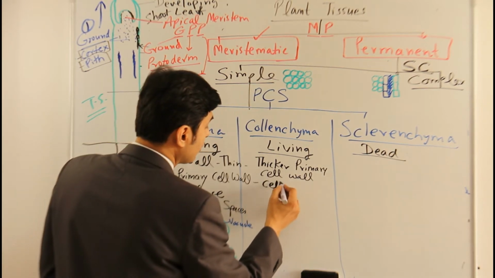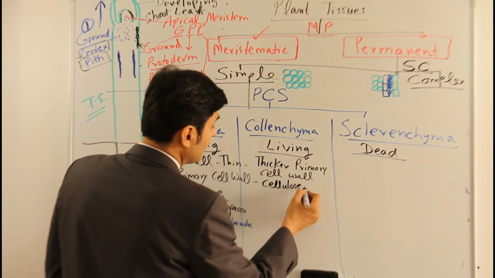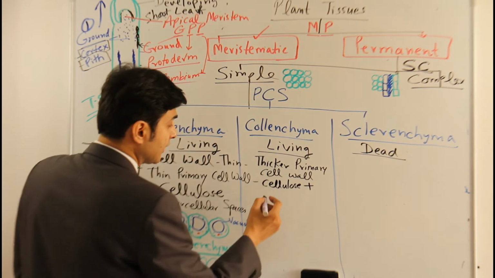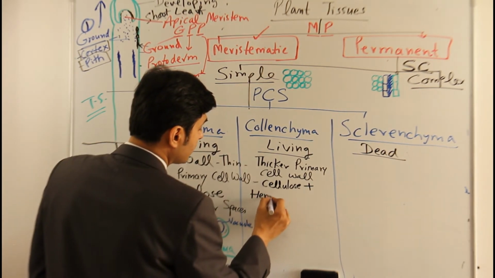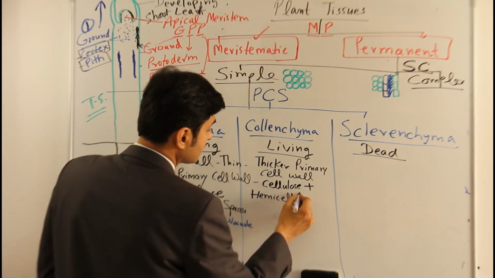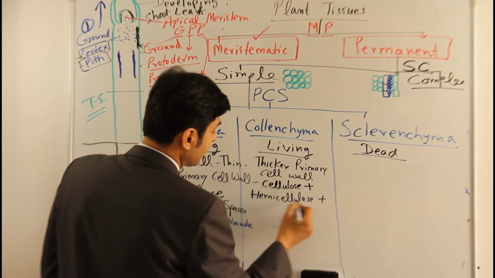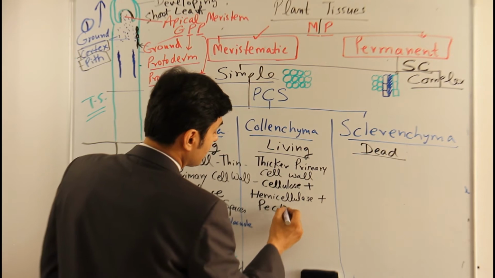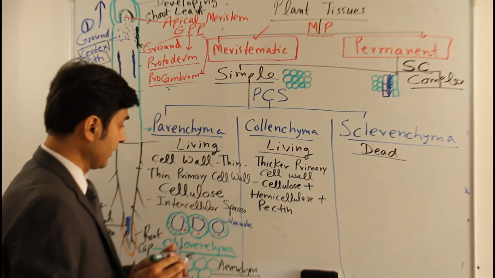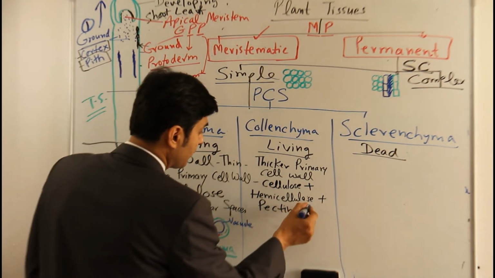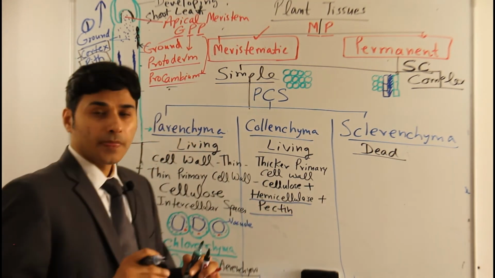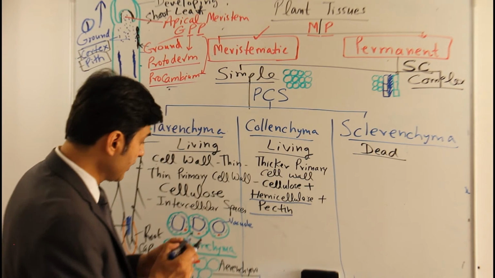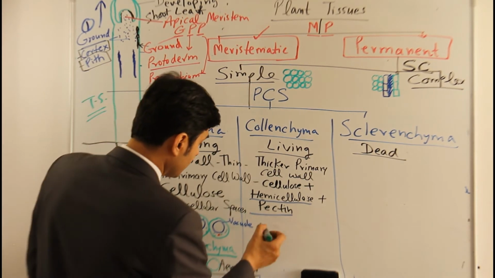It has cellulose, which is the primary component, but apart from cellulose, it also has hemicellulose plus pectin. These are the composition here, hemicellulose and pectin. These are the important things for the collenchyma. The cells are somewhat bigger, somewhat elongated.